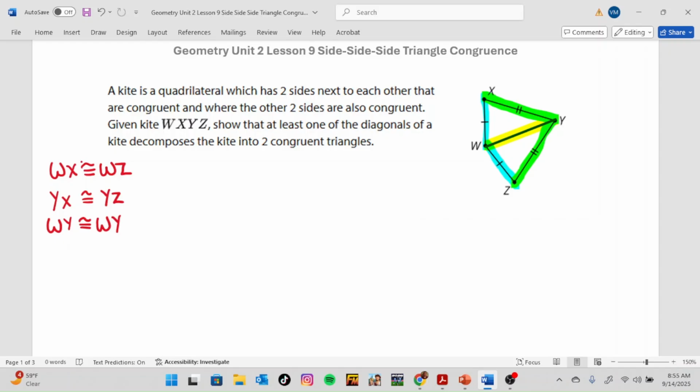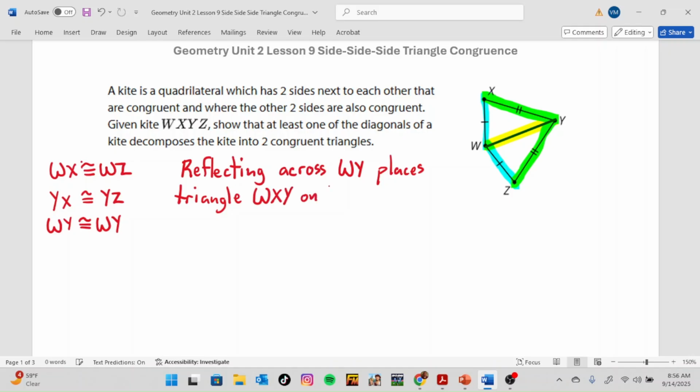So now I know that if I just reflect across WY, that places triangle WXY on top of triangle WZY.